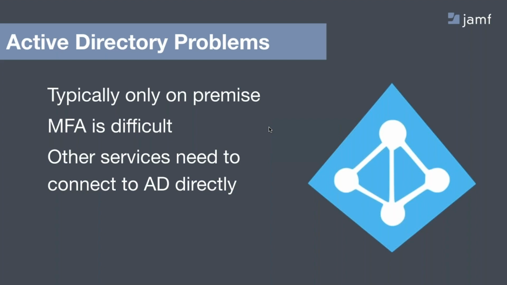A couple of reasons for that, but what this means for you as a Mac or Apple admin is that at the DEP enrollment stage, it gets more complicated to authenticate as that user or to do any sort of actions against Active Directory. You get a chicken and the egg problem there. If you're not on the network, how can you reach a domain controller that's on the network?